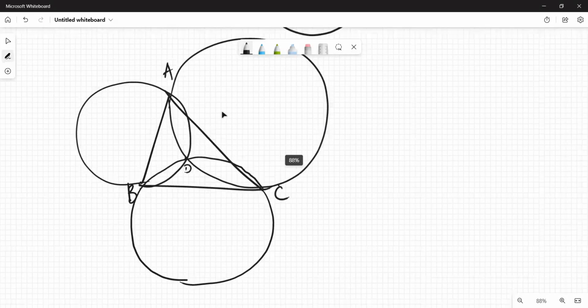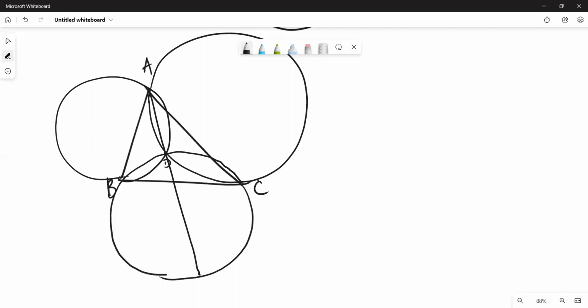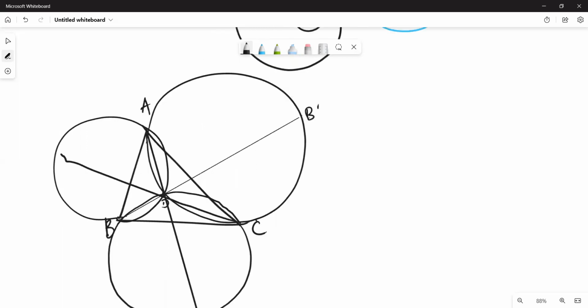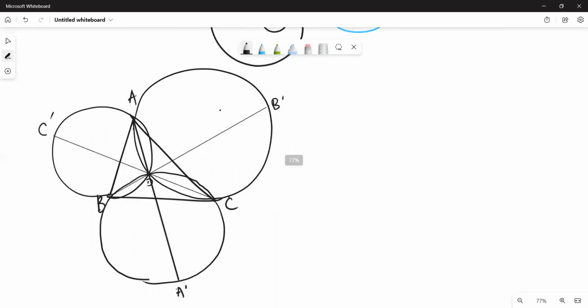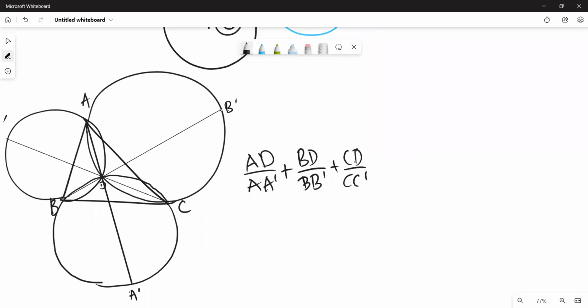Now from AD, we hit the circle again at A prime, BD hits the circle again at B prime, and CD hits this circle at C prime. Then we want to prove that AD over AA prime plus BD over BB prime plus CD over CC prime is 1.